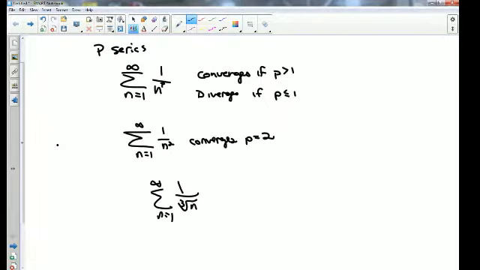There's an example of a divergent P-series. What's P equal to in that case? 1/3. Just remember you can rewrite that as n to the 1/3.